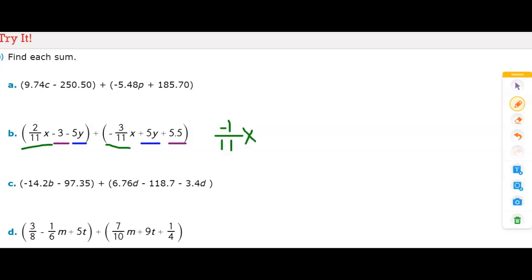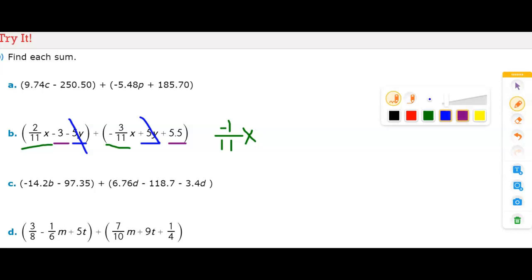And then we're going to combine the blue, which is the minus 5y, and the plus 5y. Well, we know if we have a positive and negative of the same number, they actually cancel each other out. It equals 0. So that's that. We don't even have to add a 0 in there. That's gone.